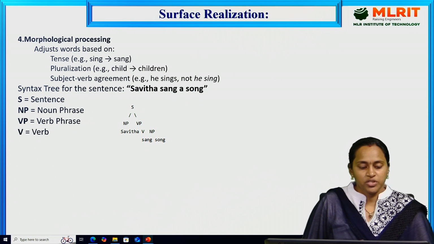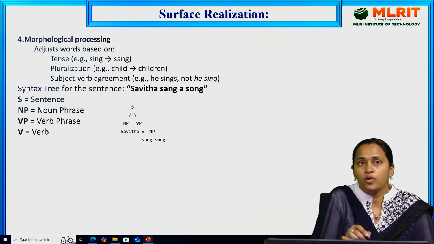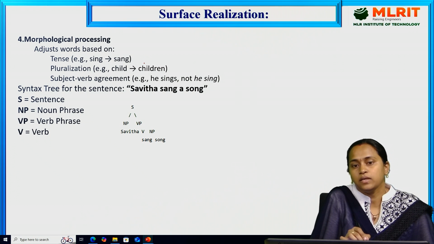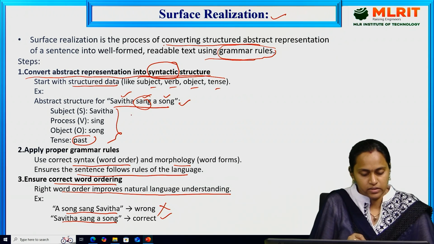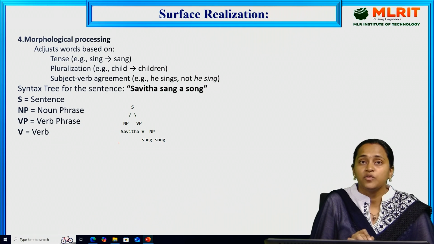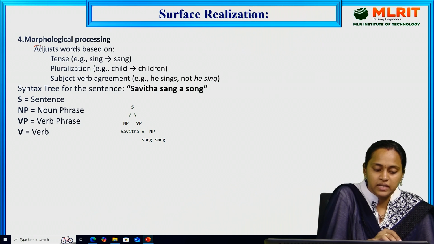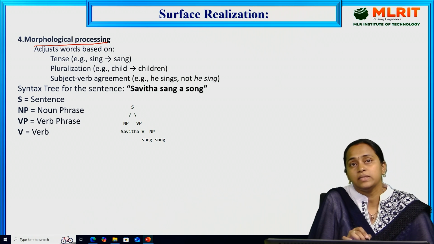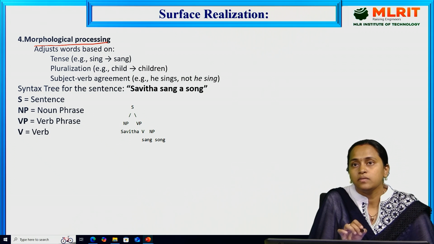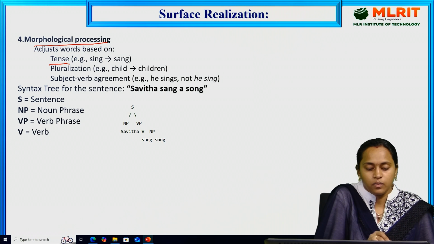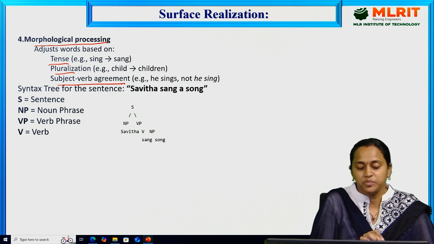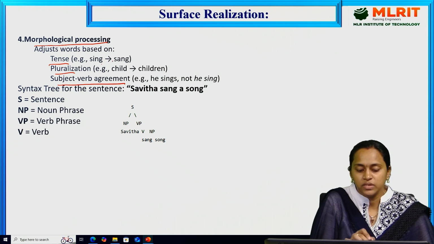Last one, morphological parsing. After all these modifications, content selection, applying the proper grammar rules and using the correct word ordering, finally morphological parsing is required. That means adjusting the words based on tense, plural, and subject-verb agreement. Suppose sing to sang, child to children.